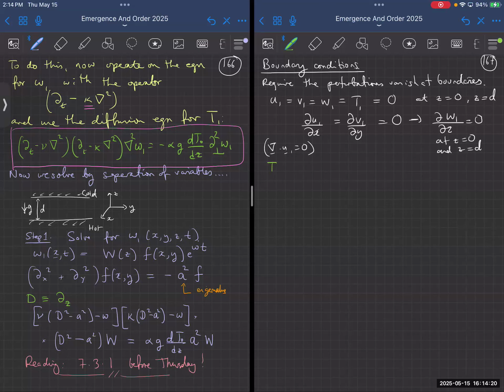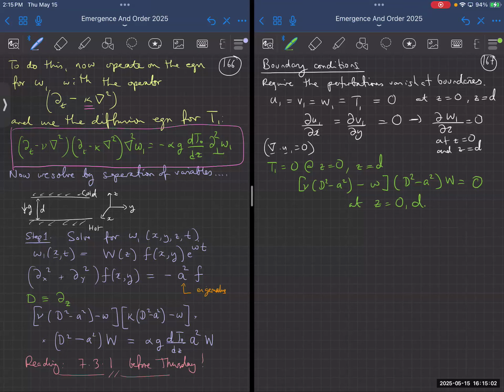So we know that T1 is going to equal 0 at z equals 0 and d, and so now what we do is we substitute that into the equation of motion, and what you end up with is this: the (nu D squared minus a squared minus omega) times the operator (D squared minus a squared) acting on w is equal to 0 at z equals 0 and d.